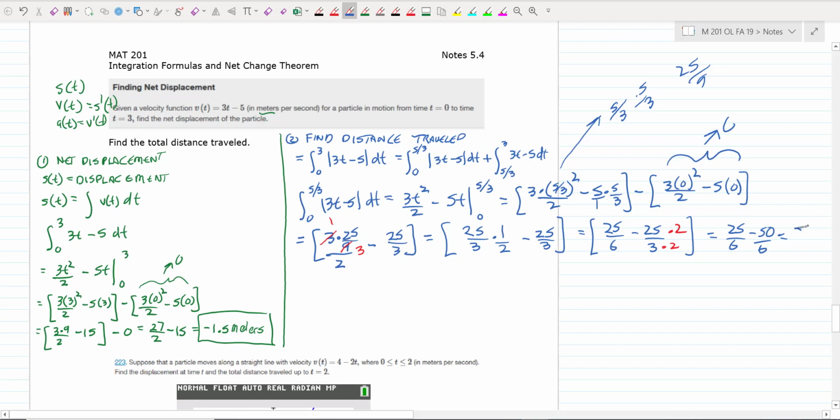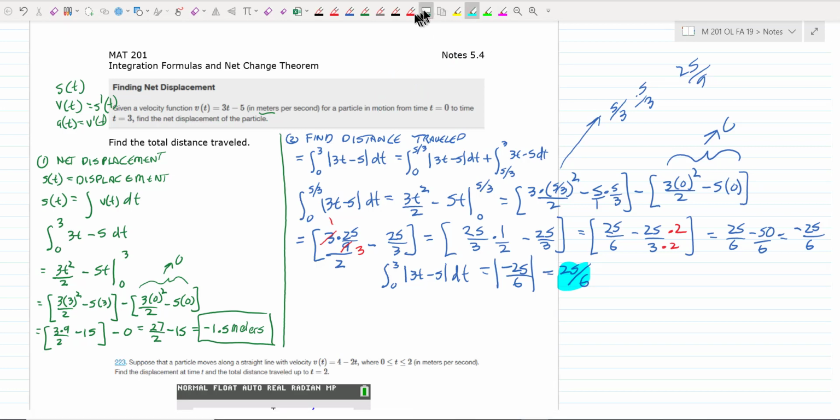Now remember, we don't want that. We want the absolute value of that. So what we end up getting as our conclusion is that the integral from 0 to 5/3 of the absolute value of 3t minus 5 dt is the absolute value of negative 25 over 6. So that's 25 over 6. That's an important piece, part of the distance traveled we're going to find.